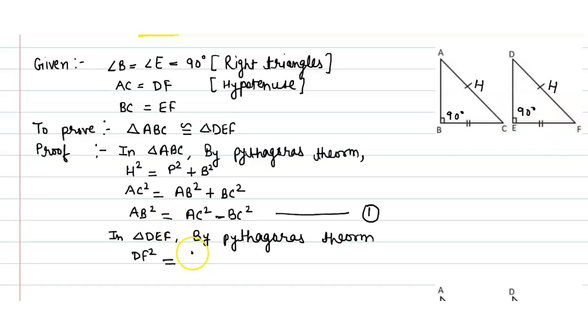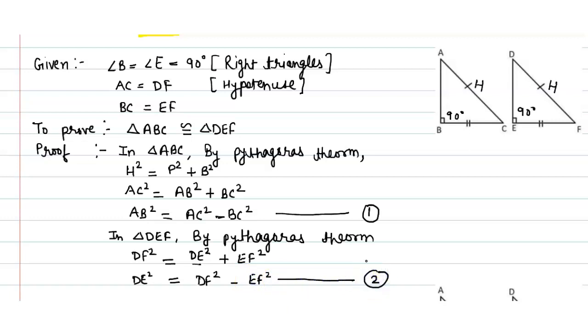So write here DE square plus EF square. And from here we have to find out the value of DE. So DE square will be equal to the difference between DF square and EF square. So DF square minus EF square.